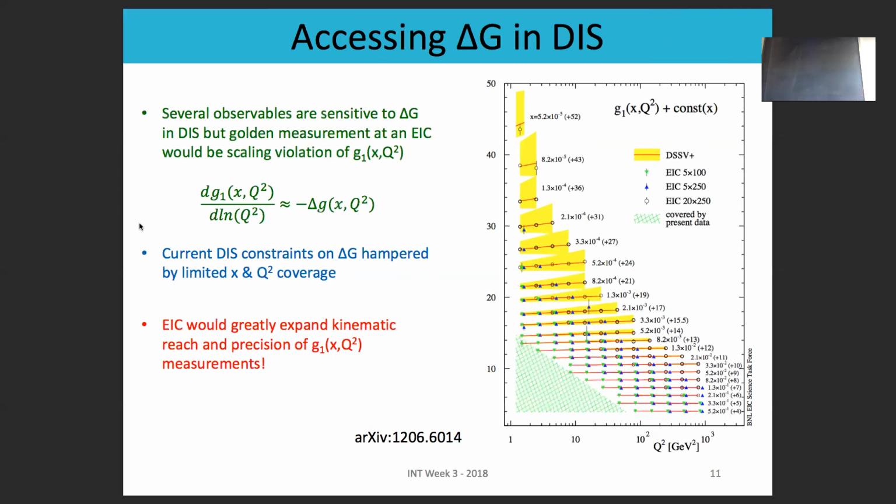So the EIC will primarily measure delta G by looking at scaling violations of the G1 structure function. Here we see the current world's polarized data from fixed target DIS, and this is what the EIC is expected to provide along with our current uncertainty. You'll see it will greatly expand our Q-square range and S.